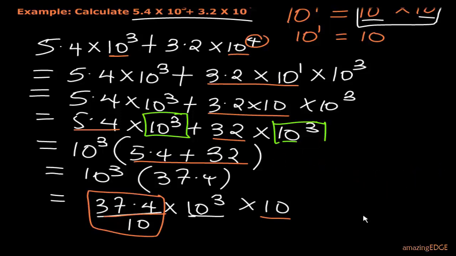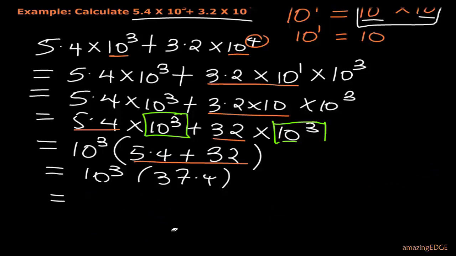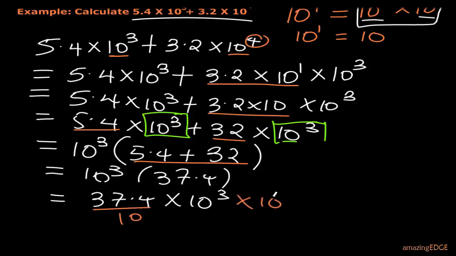So with that being the case, let's write it. So we have times 10 cubed. Here you divide by 10, and here you multiply by 10. Remember that 10 could be written as 10 raised to power 1, if you want.